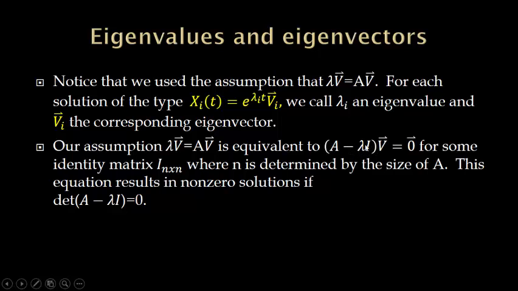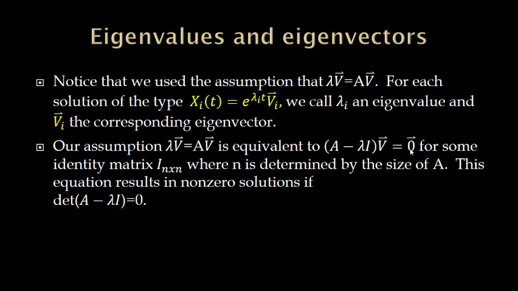That's the identity matrix with lambda down the main diagonal. We have that product times a vector. This vector is going to be our eigenvector. Because that product is equal to the zero vector, the vector with zeros down the column, we want non-zero solutions.